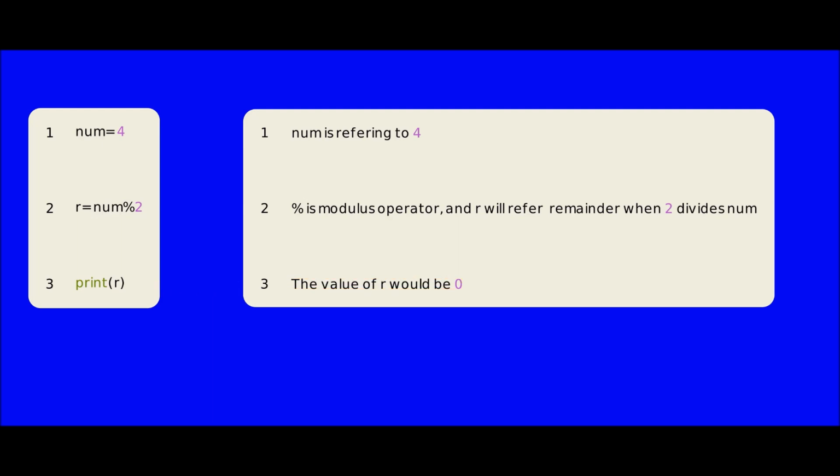Now let us see what happens if you change the value of num, which is now referring to 5. What will be the value of R? Again here num is referring to 5 and the same expression R assignment operator num modulus operator 2.